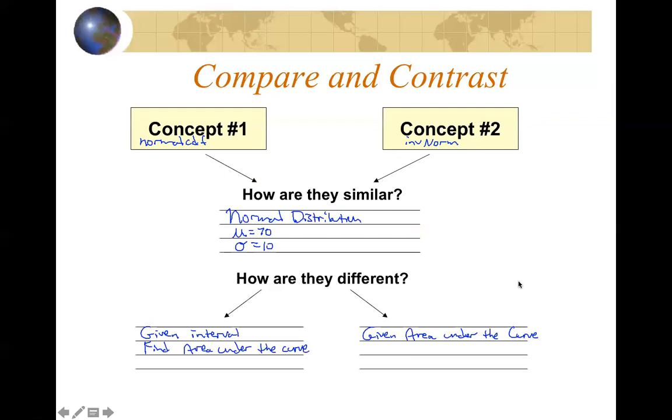It's one of those three. Once you're given the area, you'll make a sketch to get a rough idea of what it's equal to, and then you're going to find the interval that goes with it. So that's how you keep that straight. Let me clear that.